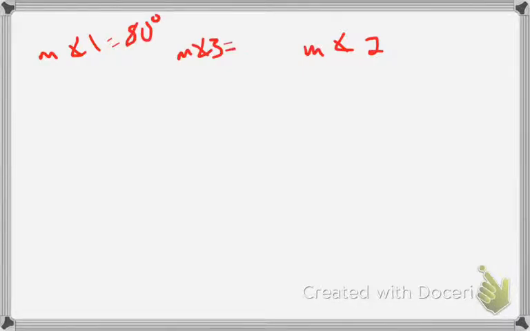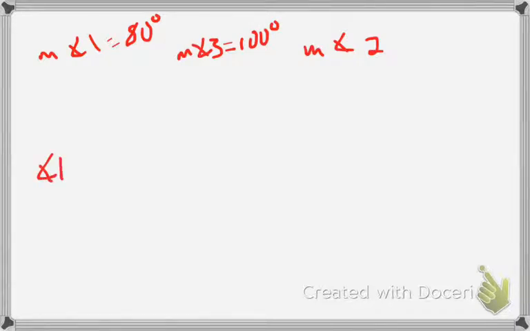Okay, watch this. If I've got angle 1, angle 2 here, and I'm going to stick angle 3 right in the middle. Now watch this. Let's say that angle 1 and angle 3 are supplementary. And angle 1 is 80 degrees. Well, that means that angle 3 has to be 100, right? Because they have to add to 180.